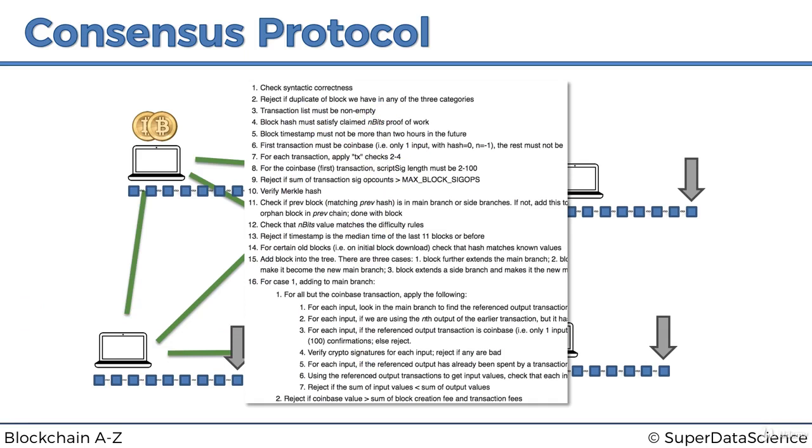And if a check doesn't go through, then they reject the block. And so basically, at the end of the day, the blockchain will not allow malicious blocks to be added to the chain, and that's why there's a financial incentive to play according to the rules.